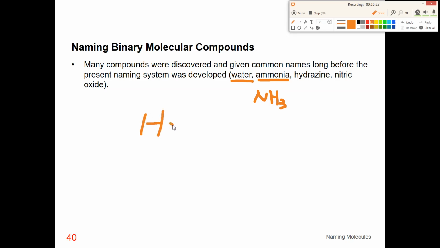For example, water, H2O, or hydrogen peroxide, we use the conventional name. So we don't call it dihydrogen dioxide, we just call it hydrogen peroxide, something like that.